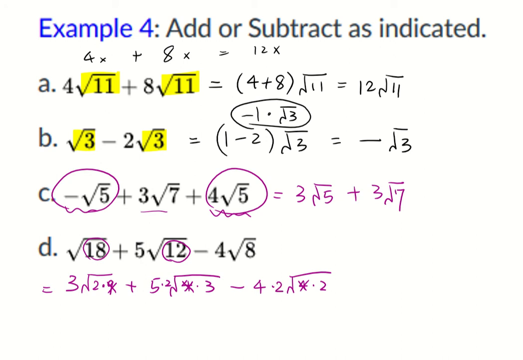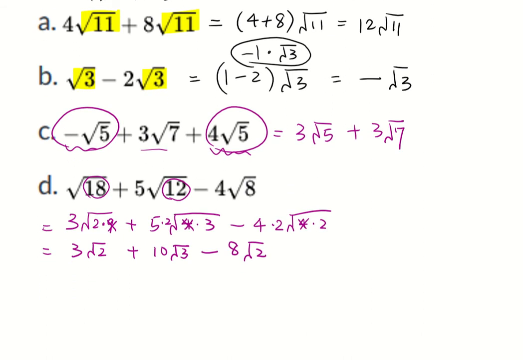Okay, so let's organize this a little bit. 3 square root of 2 plus, here's 5 times 2 square root of 3, so it's 10 square root of 3 minus 4 times 2, that's 8 square root of 2. We're not done yet because there are some like radicals to combine.